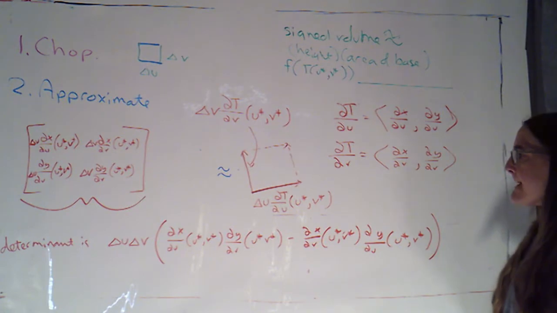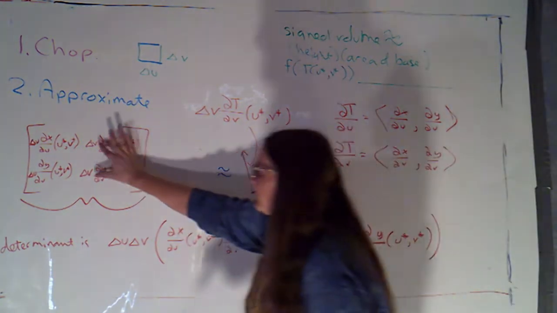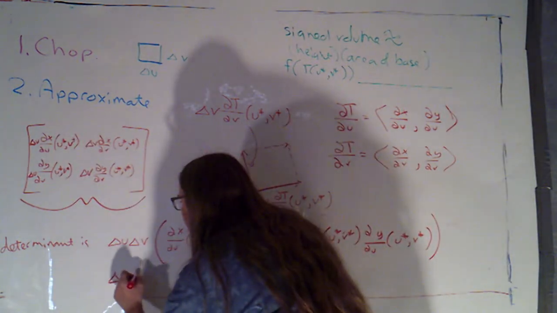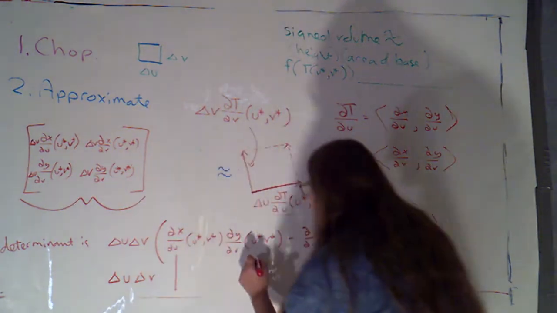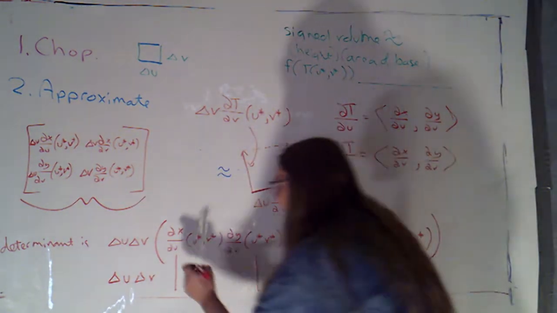But notice this is the determinant I would have gotten before I had scaled this. So I'm just getting delta u, delta v times the determinant of the derivative of T.